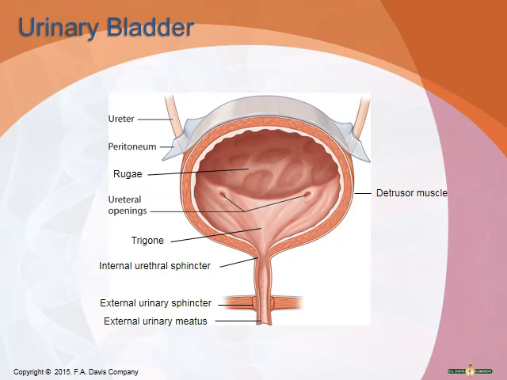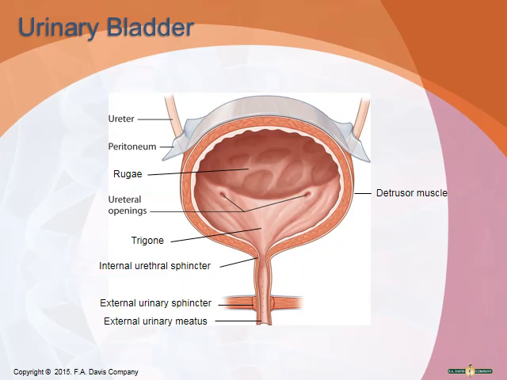The rugae are the folds that allow for expansion of the bladder, and we'll see that similarity in the stomach. There's rugae in the stomach that allow for expansion. So normally it's a small hollow muscular cavity, and then when urine fills it, it can stretch. And we talked about the type of tissue there.